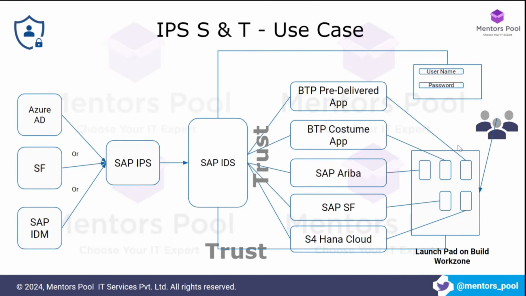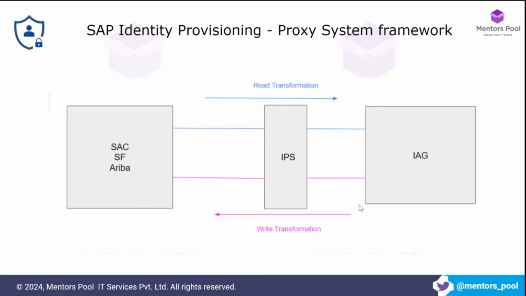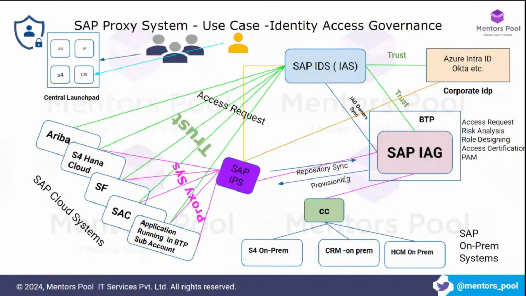Otherwise, when he hits the URL, authorization denied will happen. Unless he requested access through IAG and got the access, these Fiori tiles will not work for him. But as soon as IAG provisioned, authentication will also happen for Ariba and SuccessFactors, and he will be authorized in Ariba, and he will access Ariba. So that's where IAG can help you to create access requests as well.